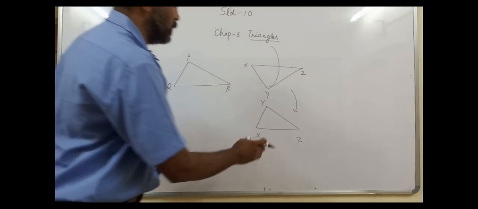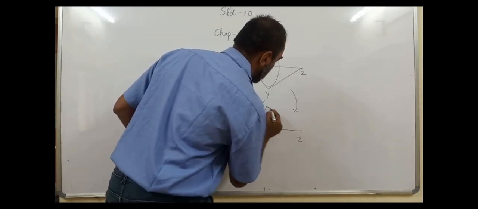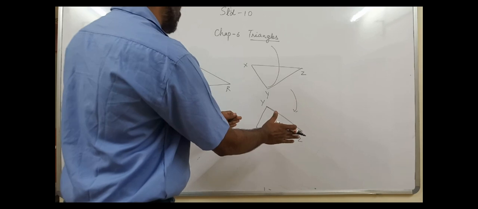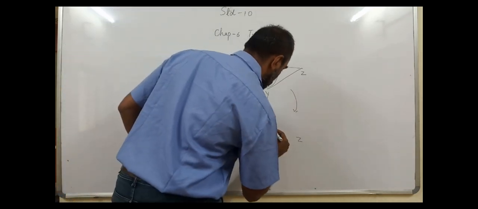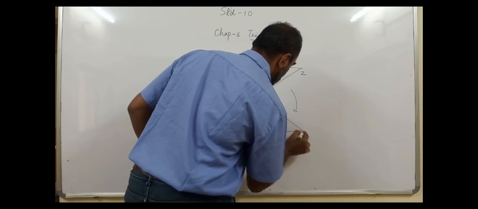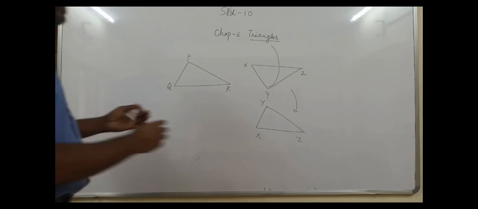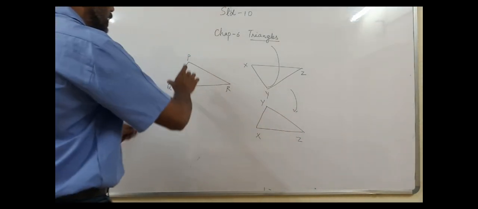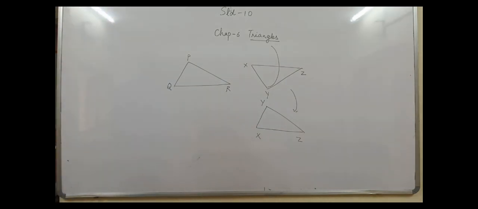Now the triangle looks something like this. And now if I pick this correspondence from here and place it on this, and it exactly coincides, then I can say the two triangles are congruent.